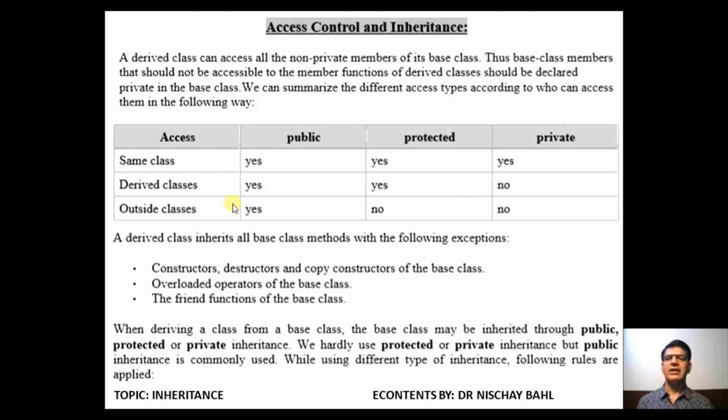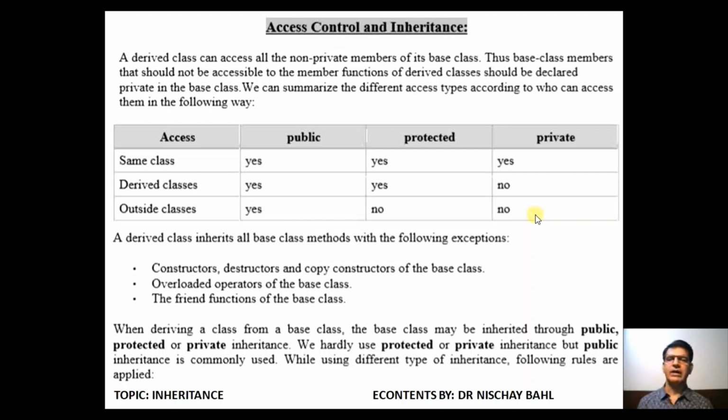Outside the class, that means not the derived class but within the function main, public members are accessible, protected members are not accessible, and private members are not accessible. That means within the same class we can access all 3 kinds of members: public, private, and protected. Within the derived class we can only access public and protected members, not private members. And outside the class we can access only public members and not protected and private.